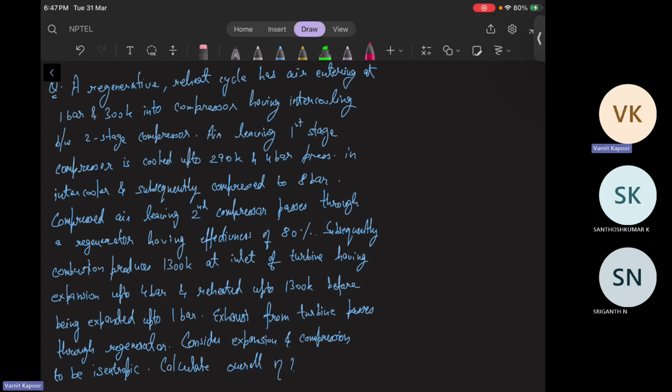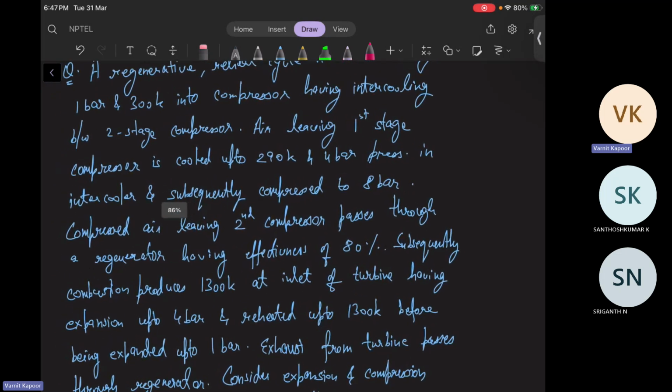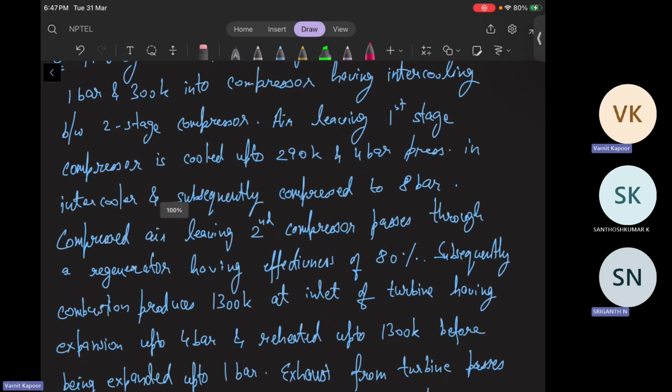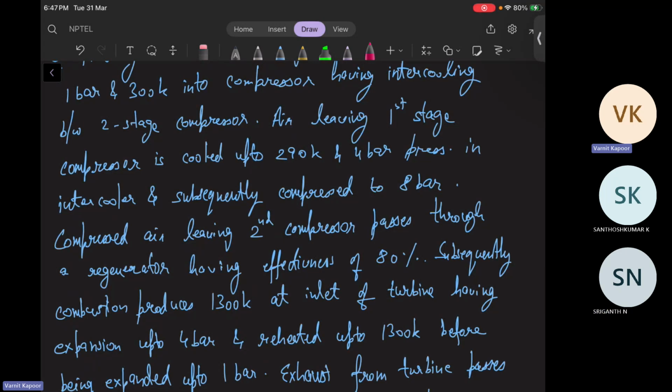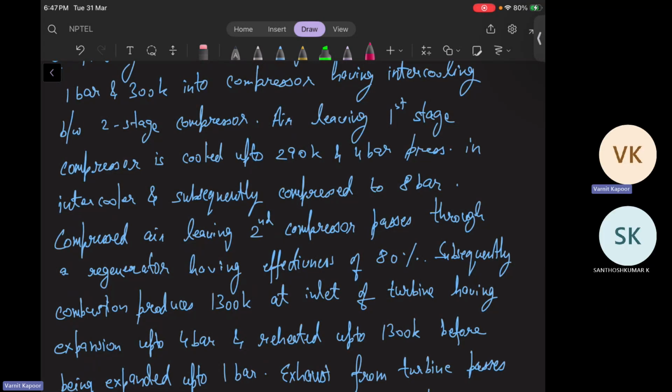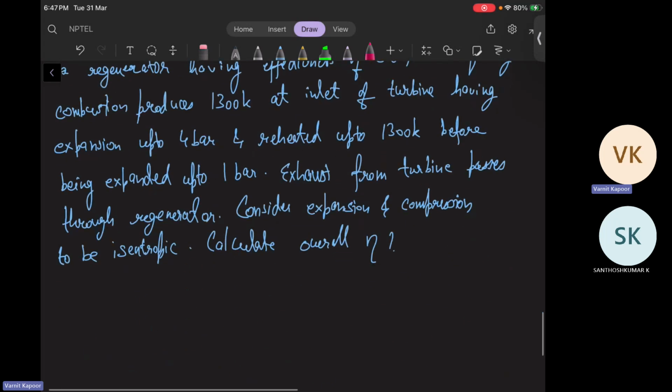All right. So let us solve this question now. Srinath, if you have any doubts, tell me. Okay. All right. So let us solve it.